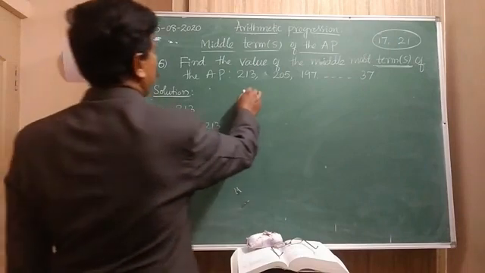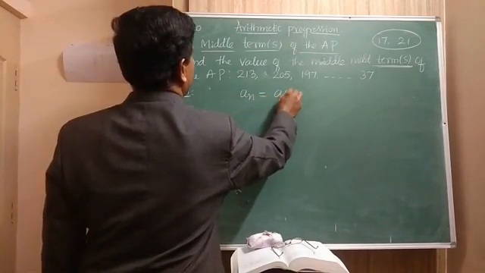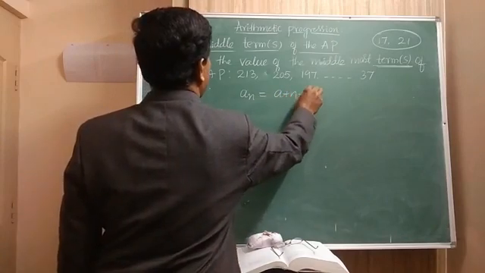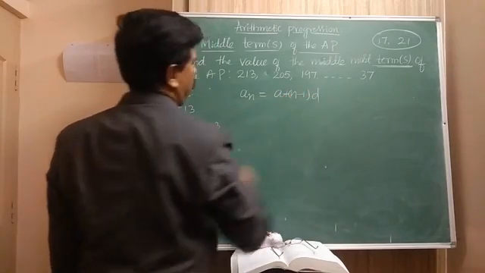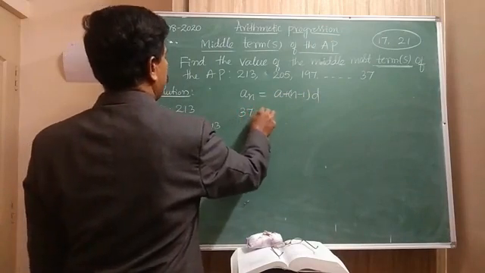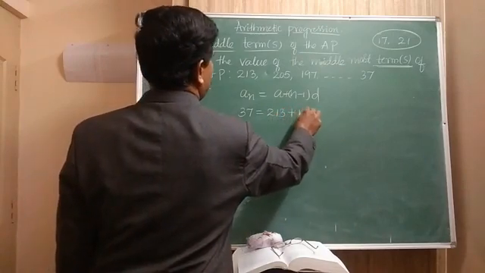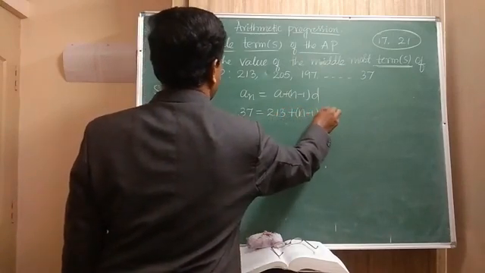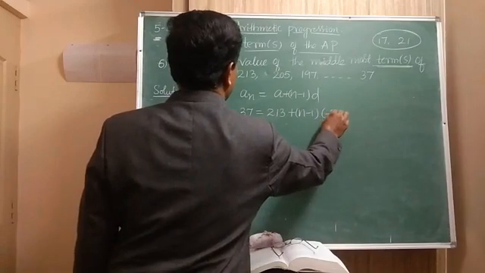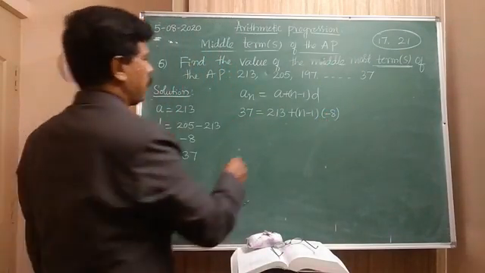Now use the formula: an is equal to a plus (n minus 1) into d. Now an is 37 equals a is 213 plus (n minus 1) into the d value, look at this, minus 8. So put the bracket.